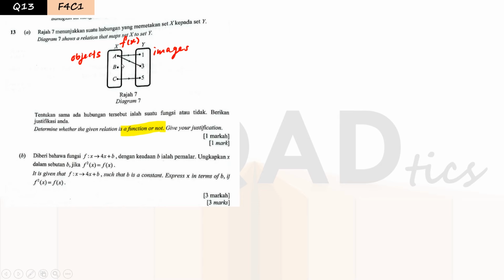To answer this question, let us apply this to a real life scenario. Let's say the objects here are the coffee beans, the images are the coffee, and the f of x is the coffee maker.